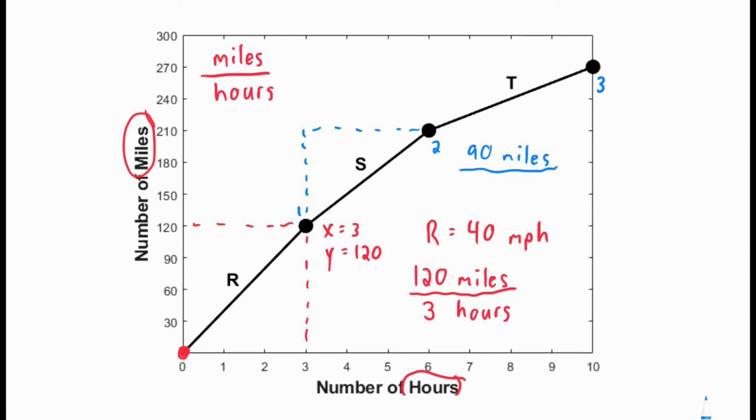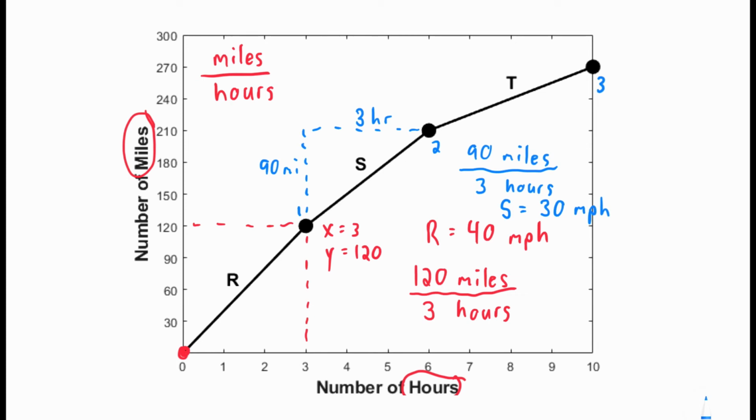Well, we have to go from x equals 3 to x equals 6. So the same as we had before, we're running 3 hours. So 3 units on the x-axis is 3 hours. This is 90 miles. So in this case, for part S, our slope is 30 miles per hour, because 90 divided by 3 is 30 miles per hour.